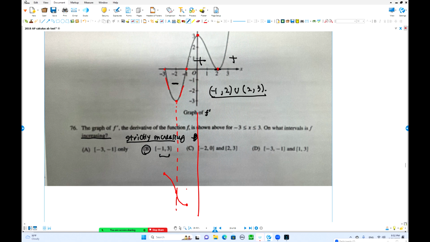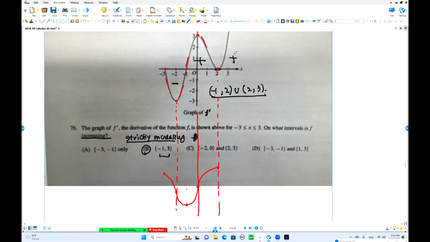Slope is positive, concave up, increasing, okay? At this point of inflection again, after that, still increasing, but slope is negative, concave down, increasing, up to 2, right? Up to 2, concave down, increasing, something like this way. Are you okay with this?